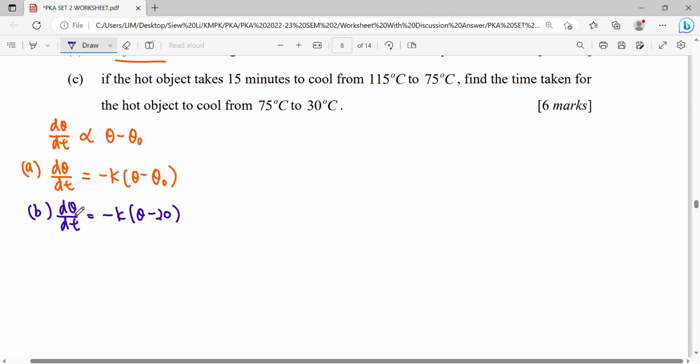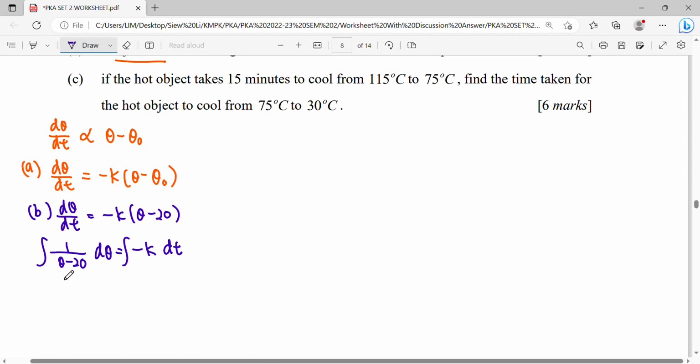You can see your variables here are θ and t. Only one side involves θ, the temperature, and t doesn't appear, so we can separate the factors. The factor of θ goes to the left-hand side, which is dθ over θ minus 20. Negative k dt goes to the right-hand side. We integrate both sides.